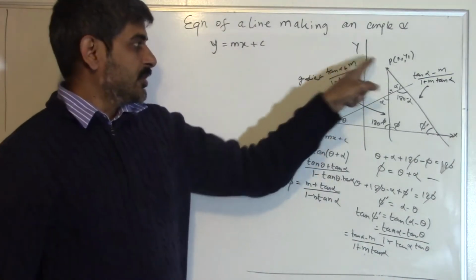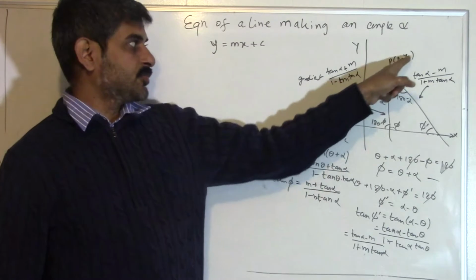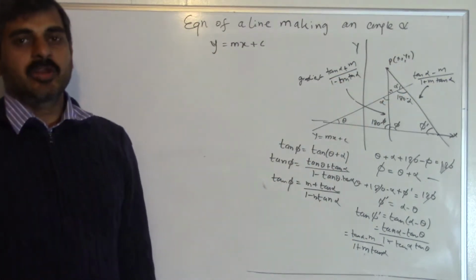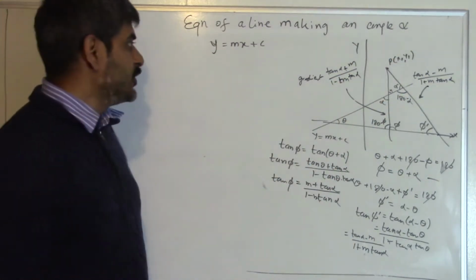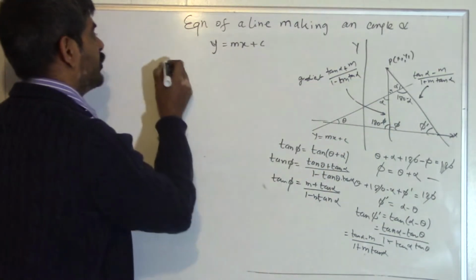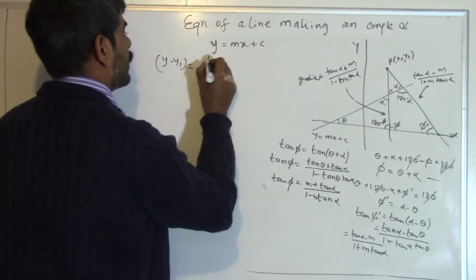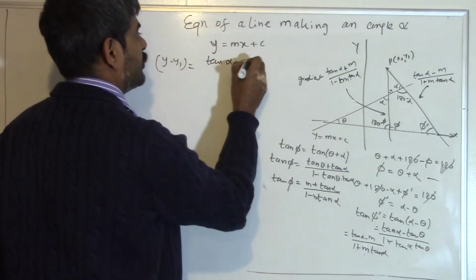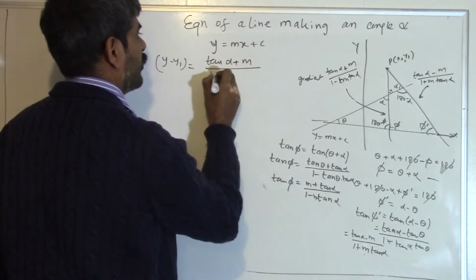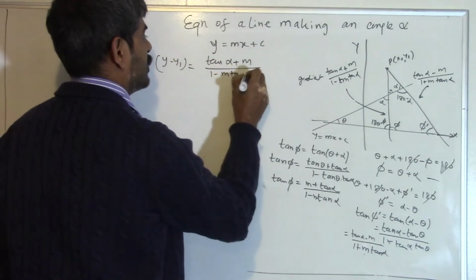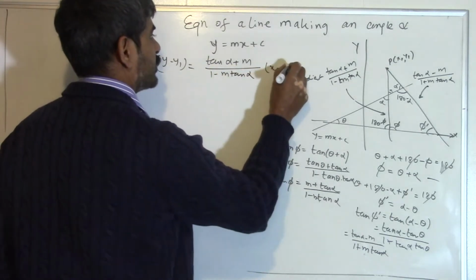We know the gradient of these two lines. We know that it's passing through x1, y1. So we can write down the equations of these two lines. The equation of this line will be y minus y1 is equal to tan alpha plus m divided by 1 minus m tan alpha multiplied by x minus x1.